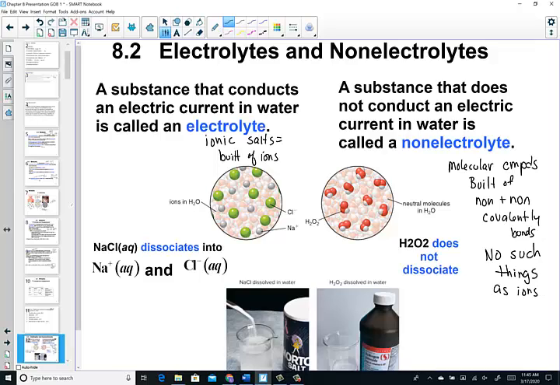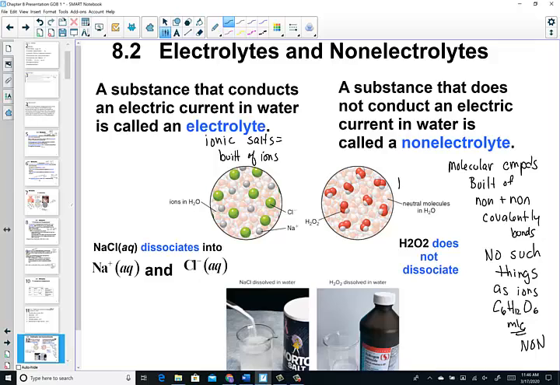And therefore, since there's no charged particles, it would not be a conductor of current. For example, glucose or table sugar, blood sugar, C6H12O6. Since this is a molecular compound, all nonmetals, I don't see any charged species in here. This is going to be a non-electrolyte.